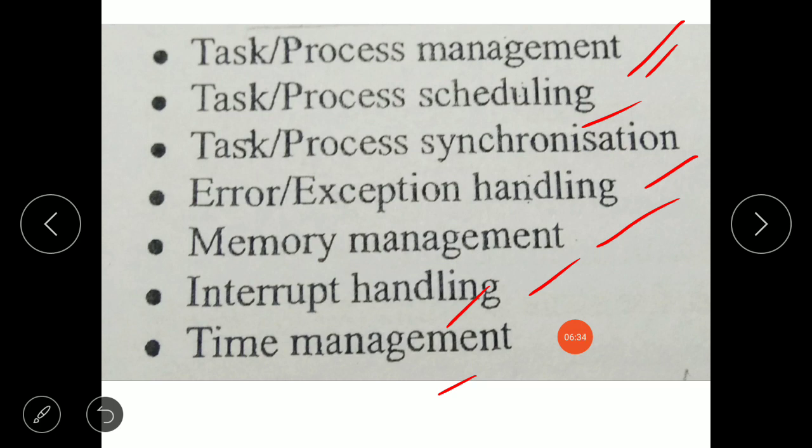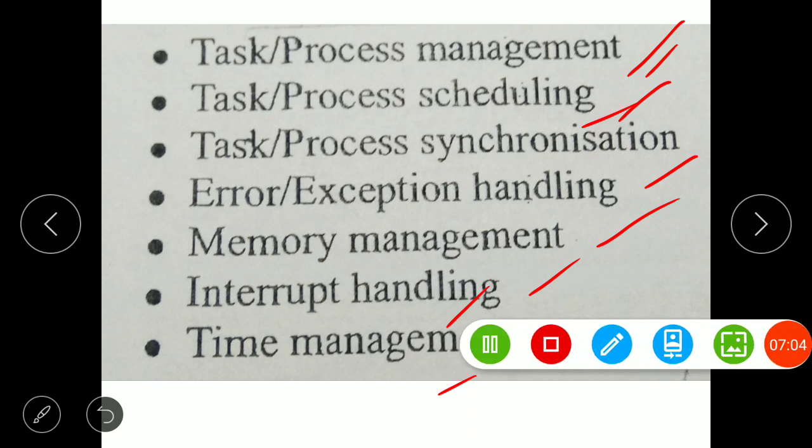A task control block is used for holding the information corresponding to a task, and it contains information like task ID, task state, task type, task priority, task context pointer, task memory pointer, task system resource pointer, etc. Then task or process scheduling deals with sharing the CPU among various tasks or processes.